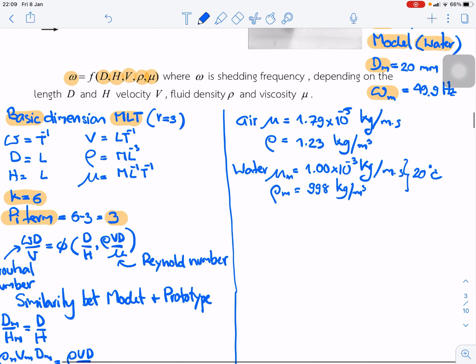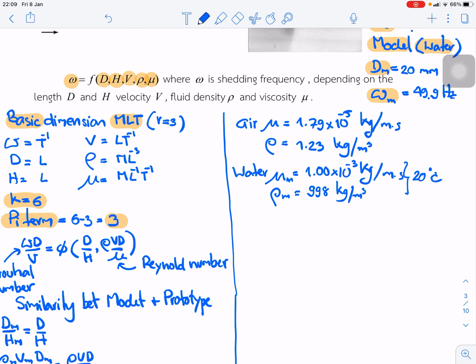For the prototype we use air, so this is mu of the air and rho of the air. And for the model we use water, so this is the viscosity of the water and density of the water at 20 degrees Celsius.